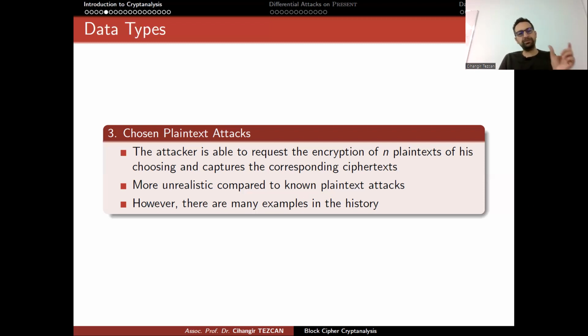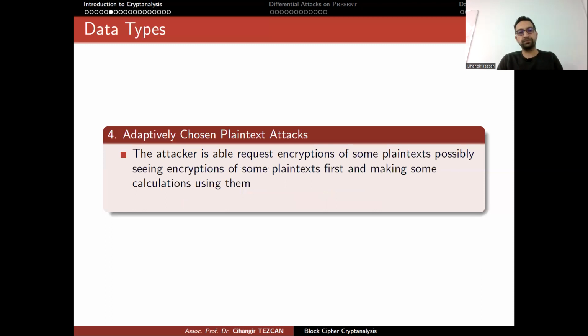In that scenario, we don't care about what the plaintext is, but we want to make a small modification to it, like flipping 1 or 2 bits, and then request that encryption. So this is what you are choosing, actually. You don't actually say what the plaintext will be, but you're only saying that, okay, give me m plaintexts, but also flip this many bits of all of these m plaintexts and also give their encryption to me. So this is what we will see in differential cryptanalysis.